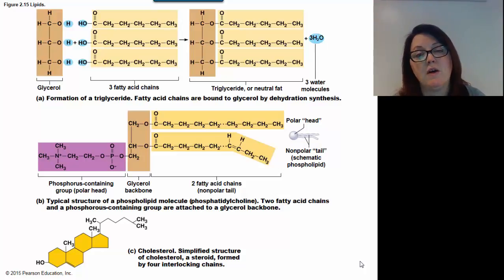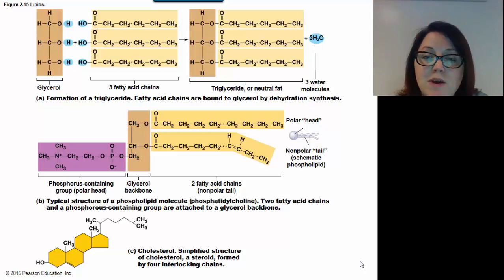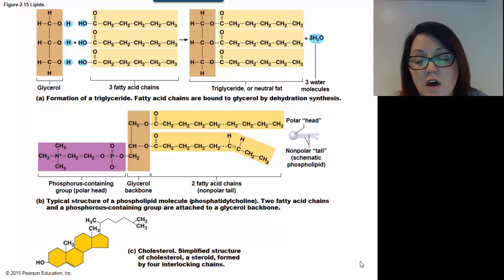What makes them different is how they might be released and how they're being used. Hormones tend to be chemical messengers that travel far distances, often through the bloodstream. Not all hormones are made from lipids, but some are. An example of a hormone that's not made from a lipid is insulin, which comes from a protein.